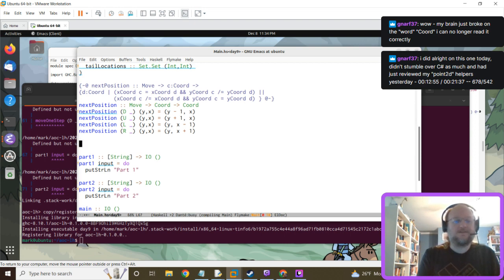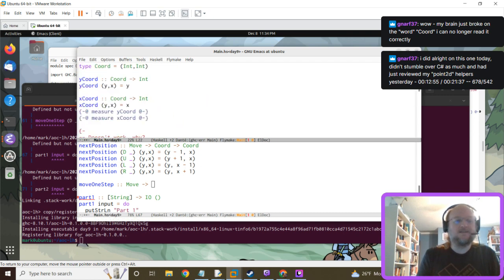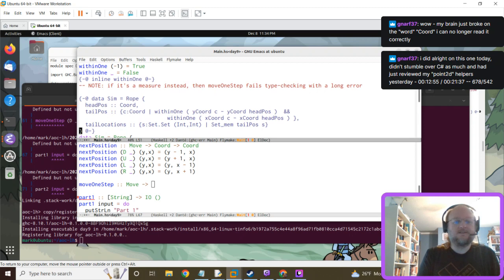All right, so move one step takes a move and a simulation state and returns the next simulation state.